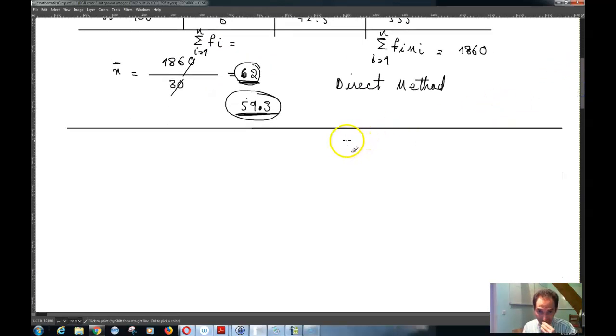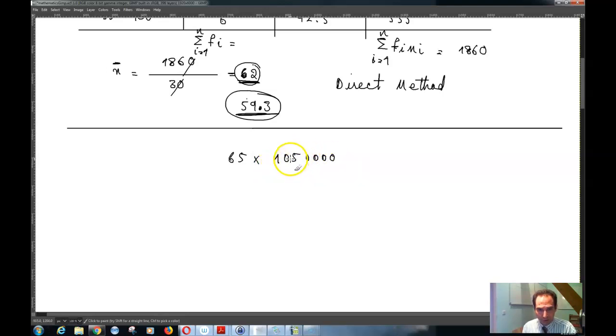Meaning that, for example, suppose that you want to calculate 65 times 105, for example, with 4 zeros.